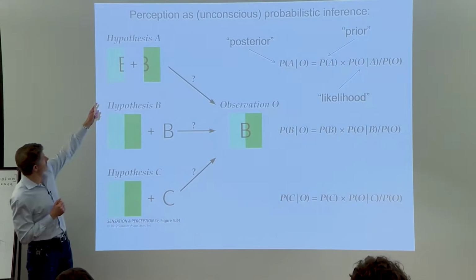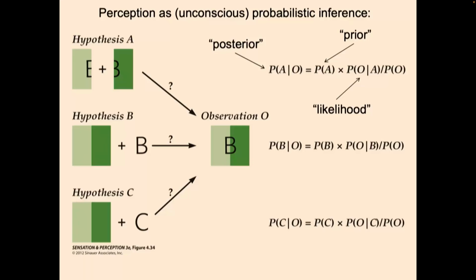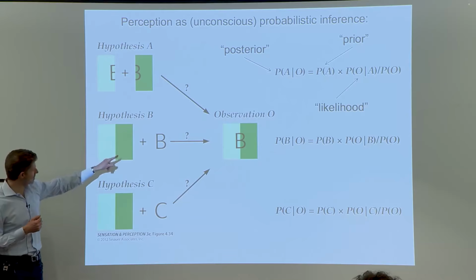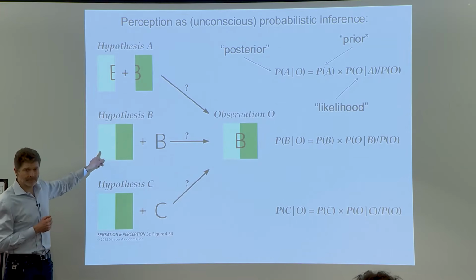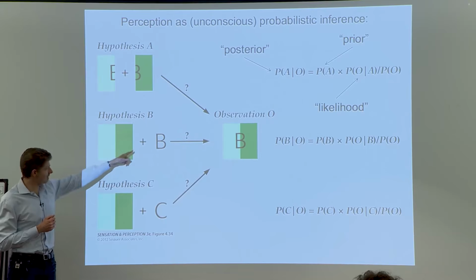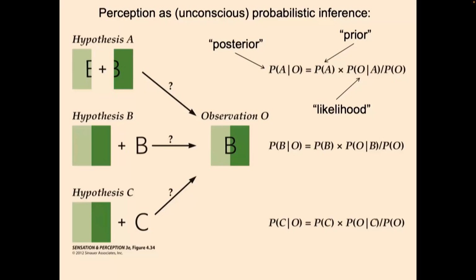Okay? One is light green and it's got that funny pattern of stripes. The other is darker green and it's got that curved thing on it. Okay? Hypothesis B is that there are these two objects in the world. There's one surface that is like a two-tone surface, and then there's the letter B. Hypothesis C is that you have that same surface, but now there's a different letter there.